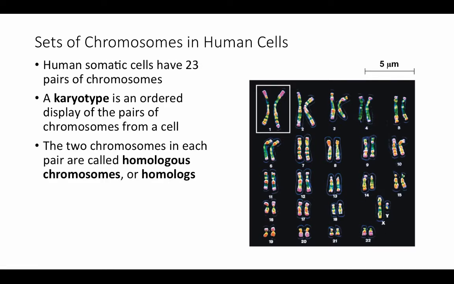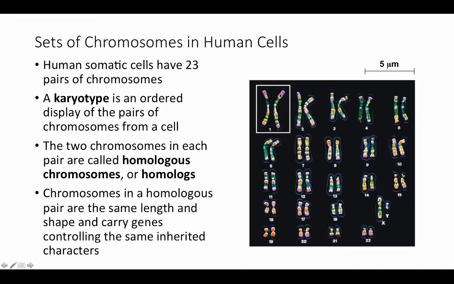So the two chromosomes in each pair are called homologous chromosomes or homologs, and we can pair up homologs based on the length, the shape, and also the way they take up certain stains while they're being processed. They're going to have a particular banding pattern and color pattern, and so they can be matched up using computer algorithms to show these homologous chromosomes, these ones that match.